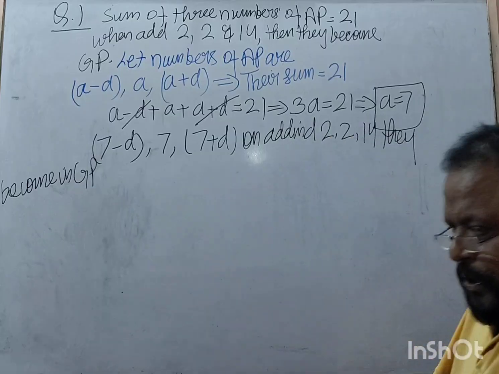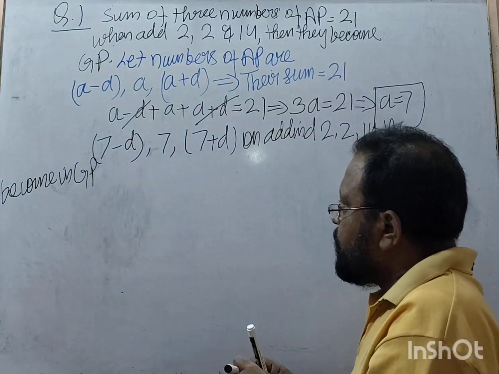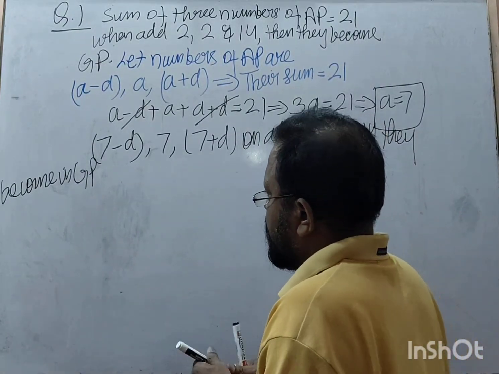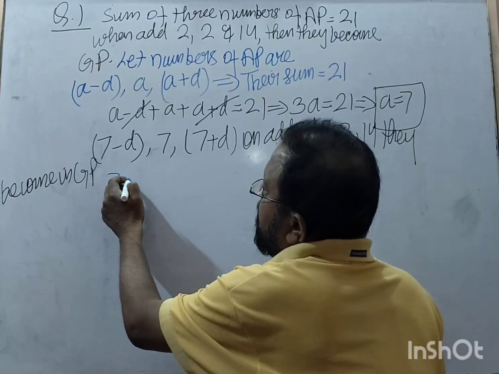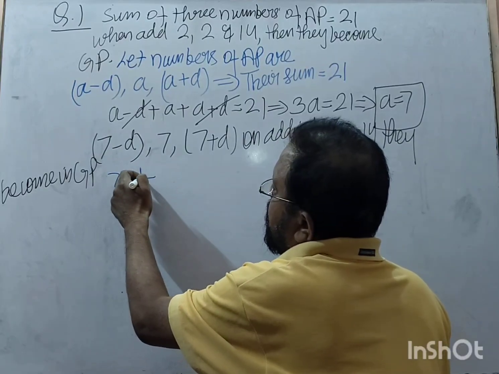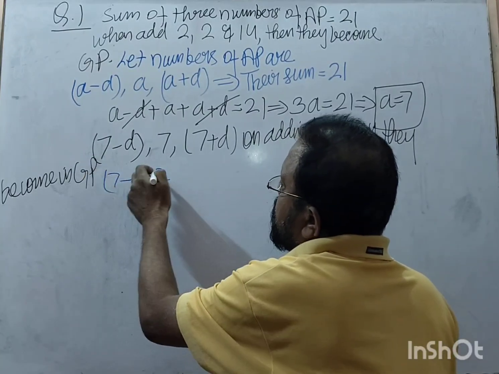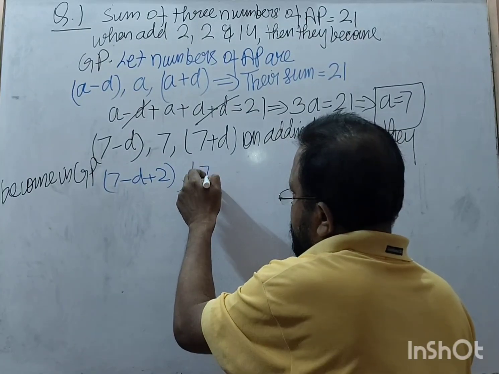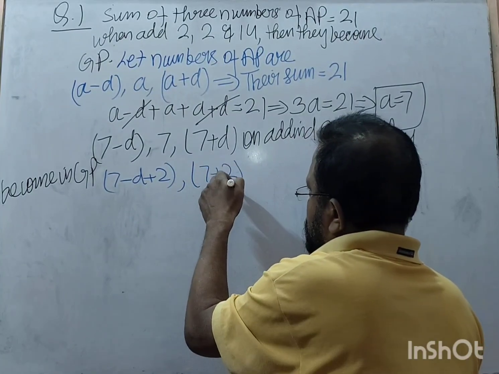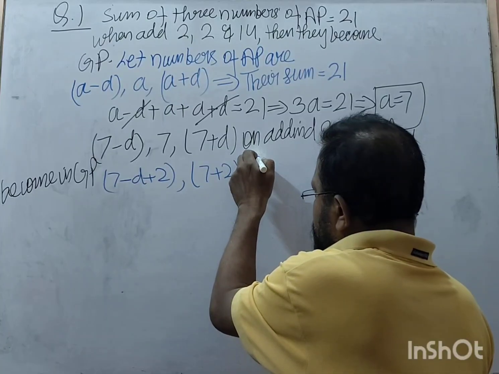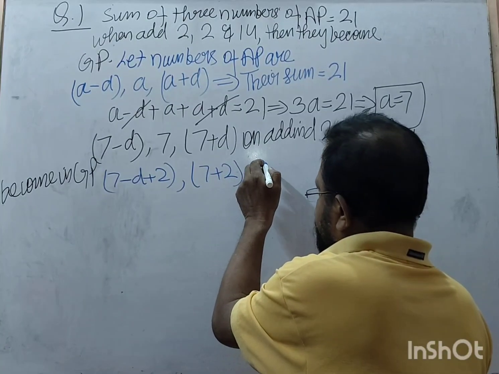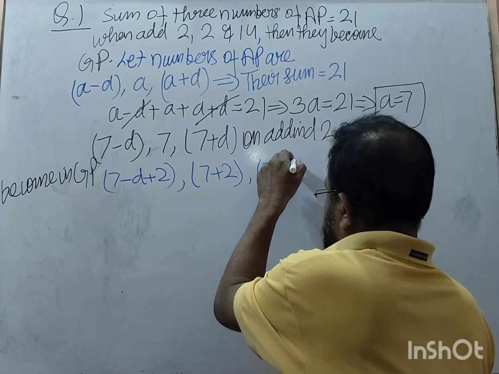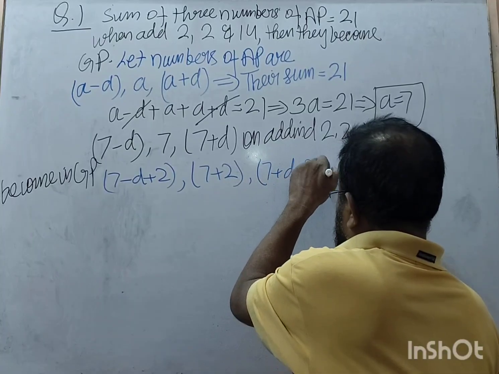So now we take 7 minus d plus 2, 7 plus 2, and 7 plus d plus 14.